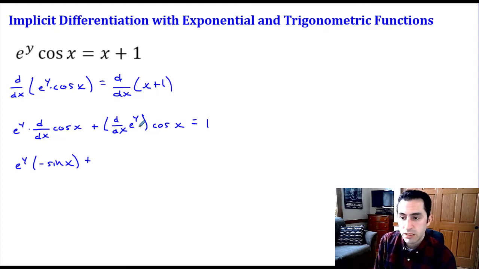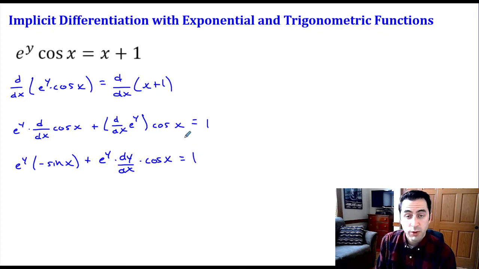Just as a reminder, because the variable in this term is y, after we take the derivative of this, we also need to include dy over dx. So the derivative of the exponential stays the same. This is still just e to the y, but now I also need to include dy over dx, and this is being multiplied by the cosine of x. So there we go. We took the derivative of everything.